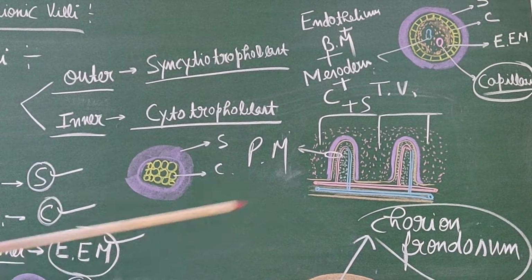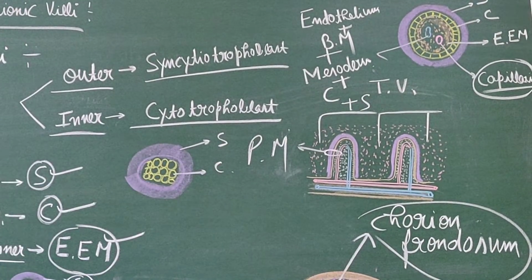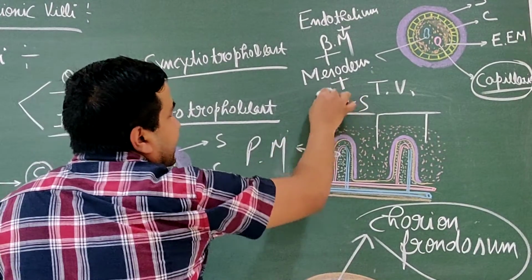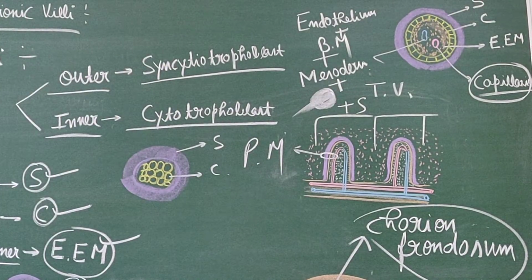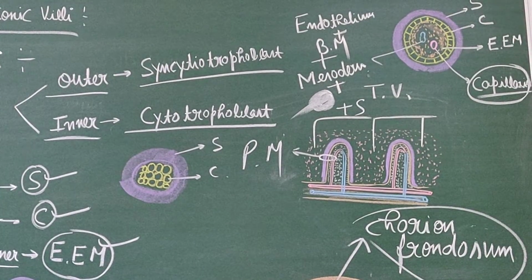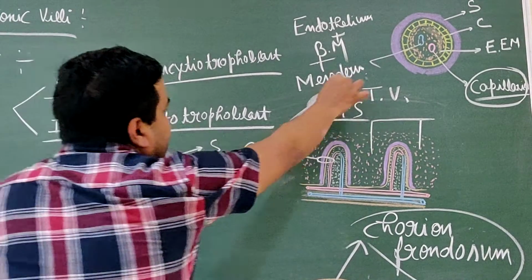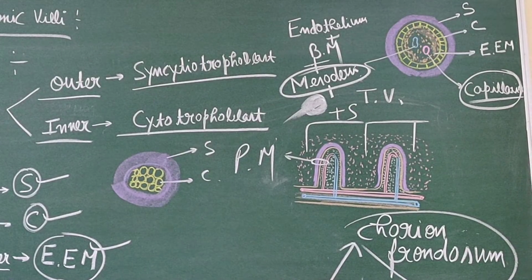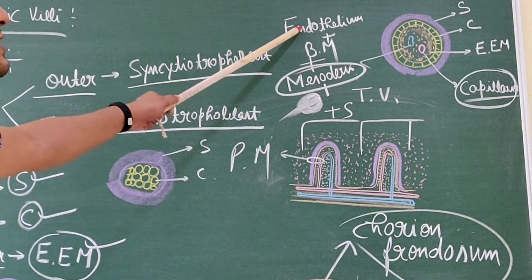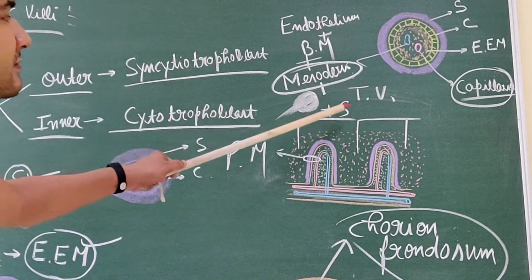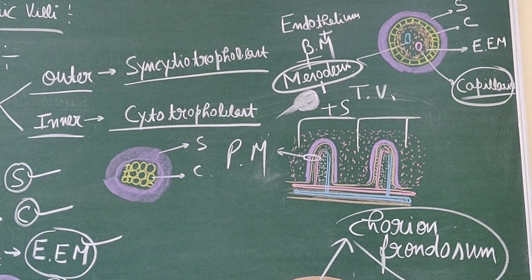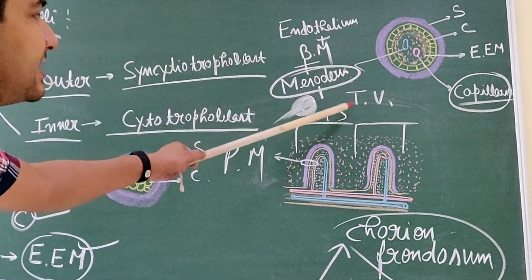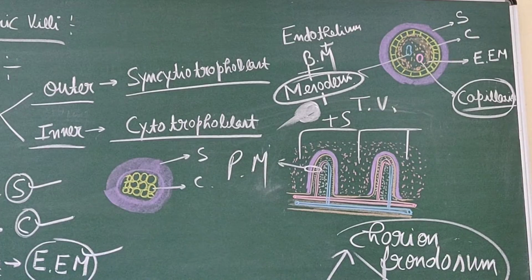As the pregnancy progresses, after the 4th month, this cytotrophoblast layer disappears and this mesoderm layer thins out. So it has three layers: endothelium, mesoderm and the syncytiotrophoblast. In some regions of the capillaries it has only two layers: the endothelium and the syncytiotrophoblast.